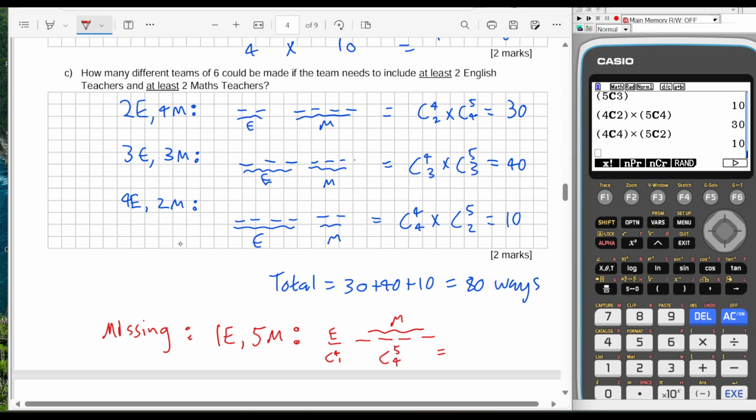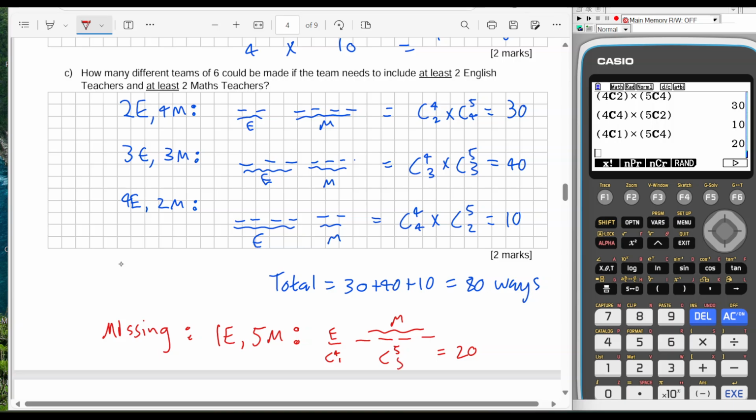So let's see what we get. 4C1 times, and then we're looking at 5C4. And then hopefully... my apologies, that should be 5C5.